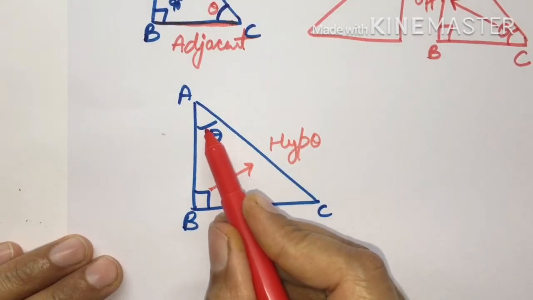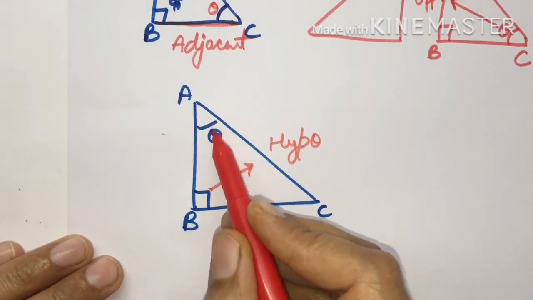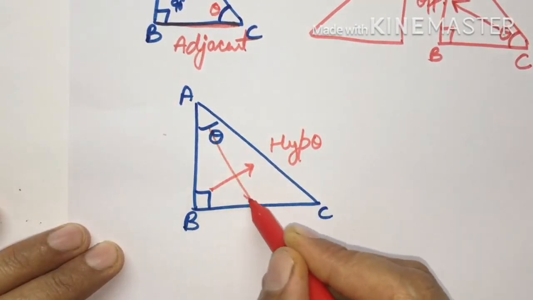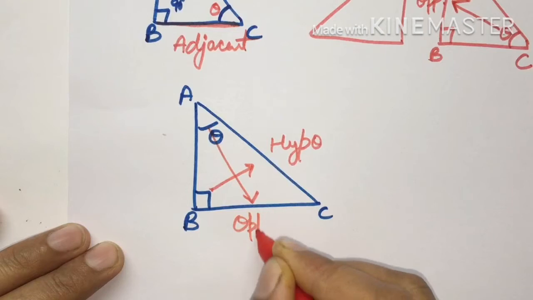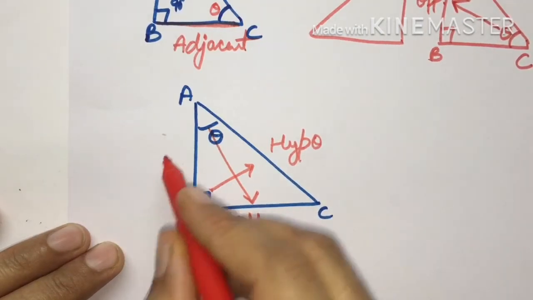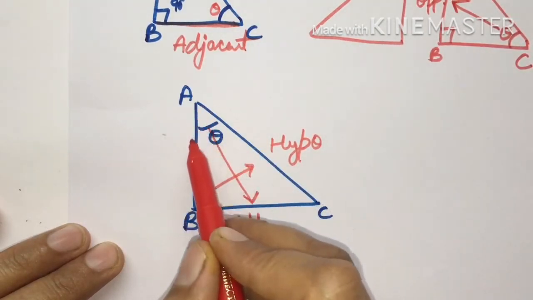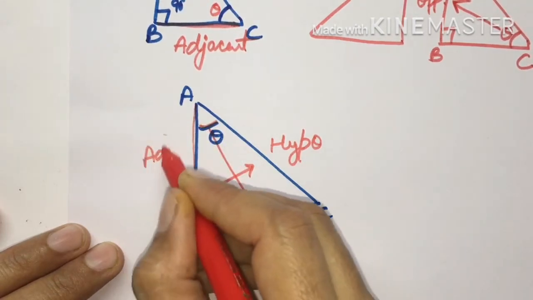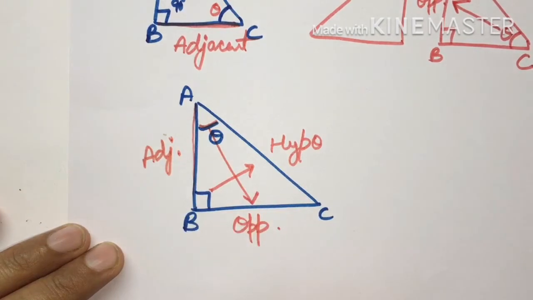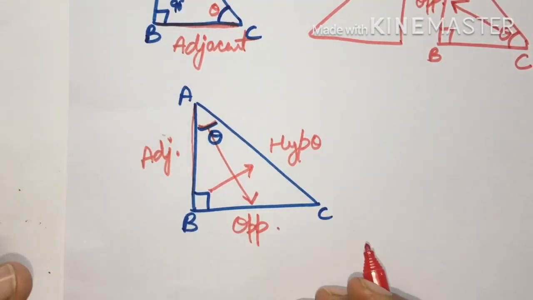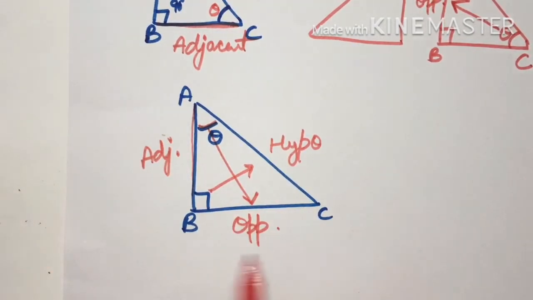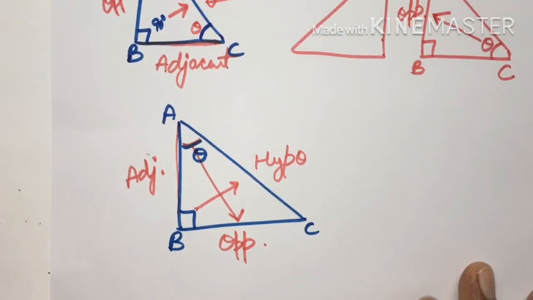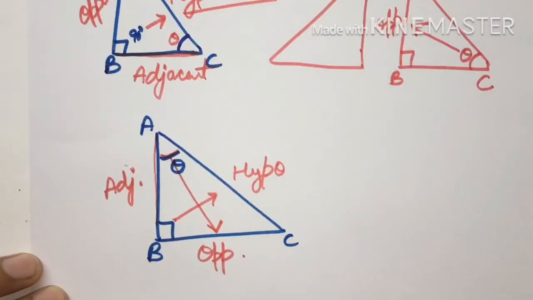Then opposite to the reference angle, the angle we are talking about, is the opposite side, and this side, which is right next to the reference angle, is the adjacent side. So it's very important that we know the sides of the triangle: which side is opposite, which is hypotenuse, and which is adjacent.